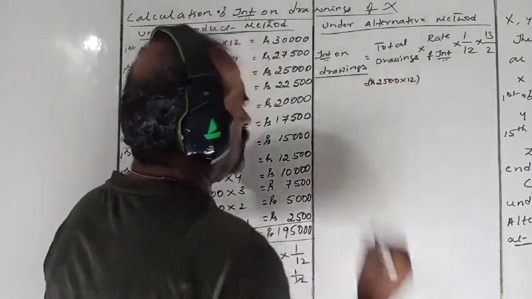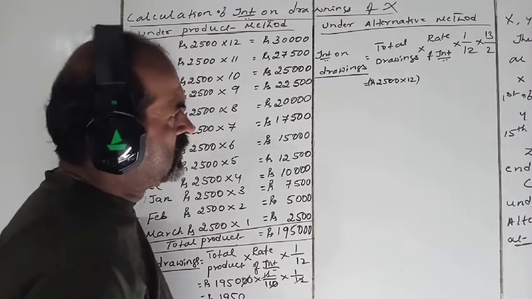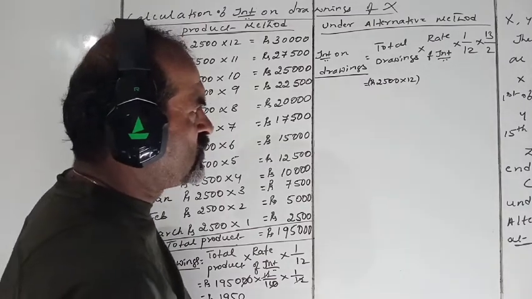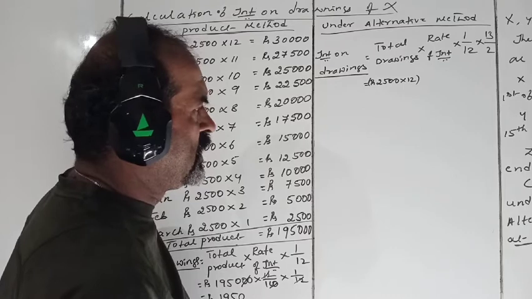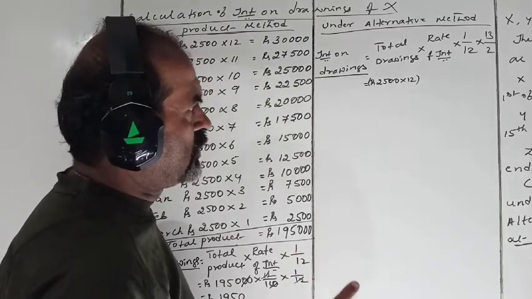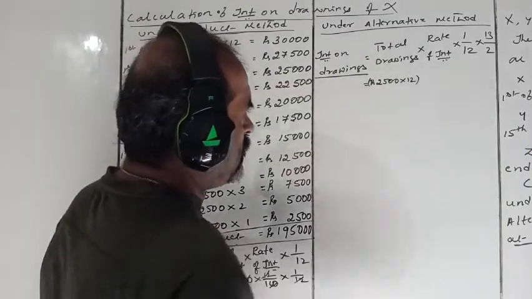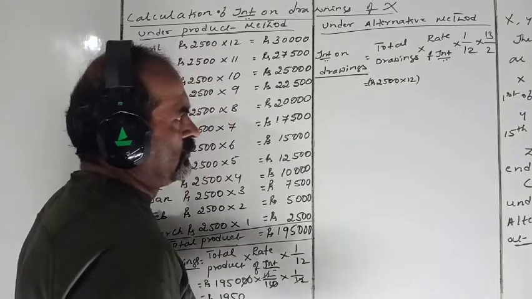It is the total drawings. It means every month the partner withdrew rupees 2,500, and in the year of 12 months the total drawing is available when 2,500 is multiplied with 12.